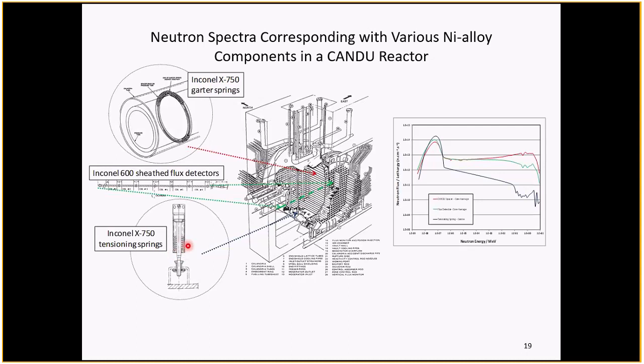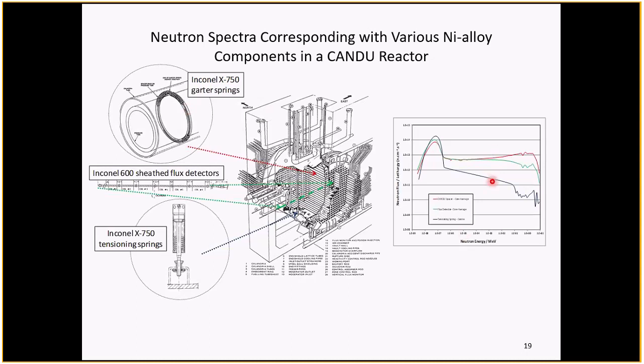So this is where temperature helps. At this lower temperature, those degradation mechanisms, which are so obvious at higher temperatures, embrittlement, doesn't apply when it's 60 degrees centigrade. These things operating at 300 degrees C become brittle.